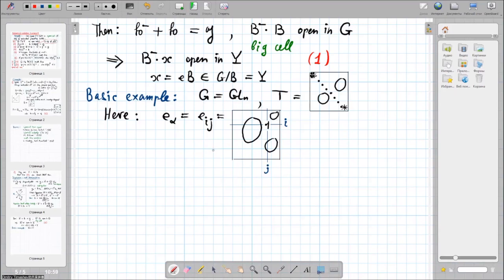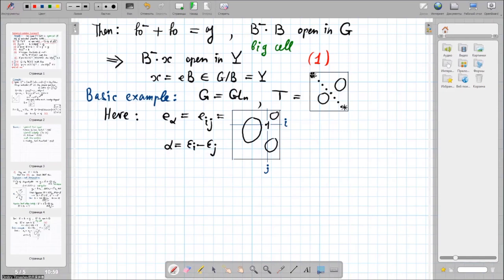So these matrices are root vectors. The respective roots alpha are just epsilon i minus epsilon j. Let me recall that epsilon i is the character of this torus T, which takes a diagonal matrix to its ith matrix entry on the diagonal.